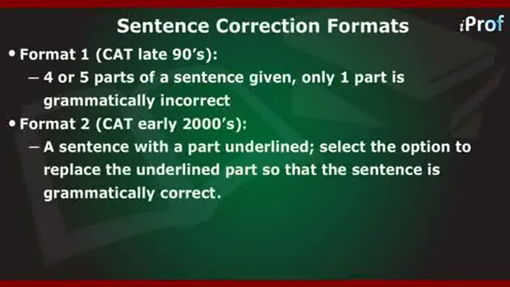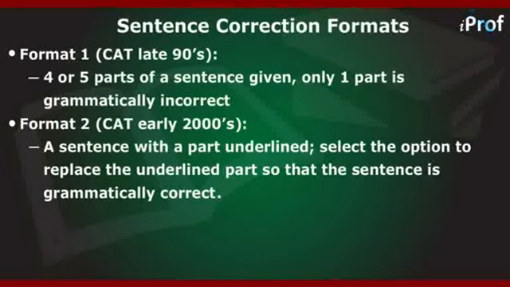A few years later, the CAT started emulating the GMAT. So you would be given a sentence with a part of it underlined. You would have to choose the option that replaced the underlined part best to make the whole sentence grammatically correct.